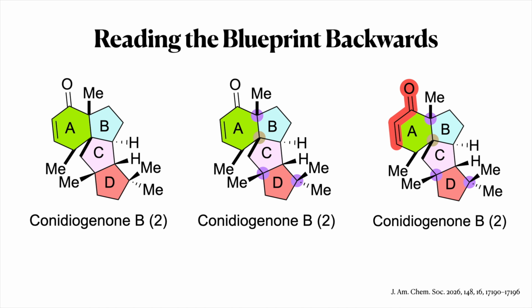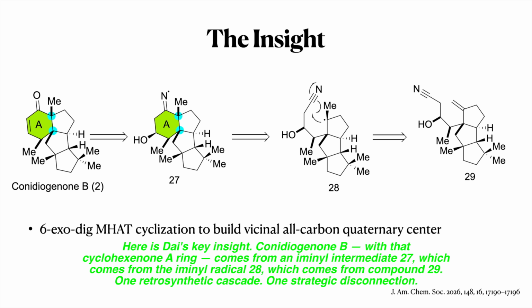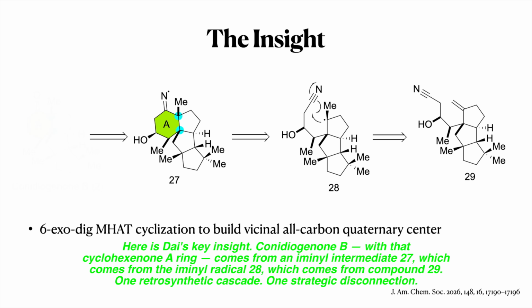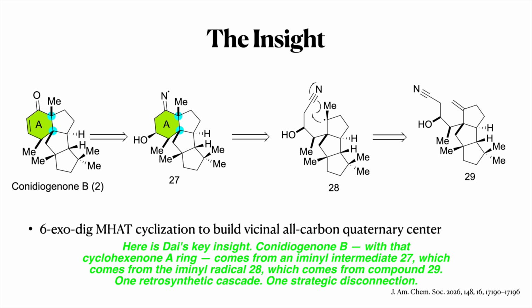Which bond? Here is Dai's key insight. Conidiogenone B with the cyclohexanone A ring comes from an imino intermediate 27, which comes from the imino radical 28, which comes from compound 29. One retrosynthetic cascade, one strategic disconnection.